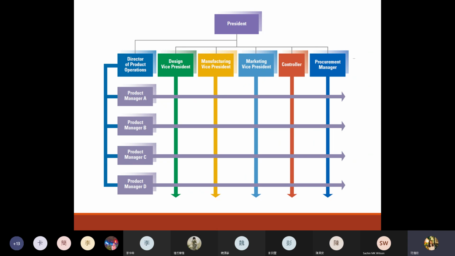So it could be one kind of disadvantage, which means that the burden of those vice presidents is pretty huge, and the meeting time that they have to spend on different projects is also huge.